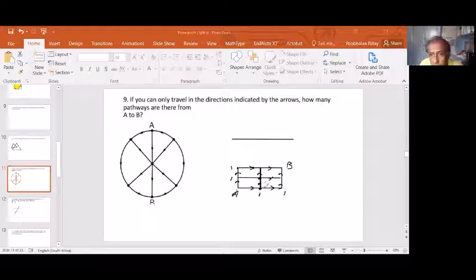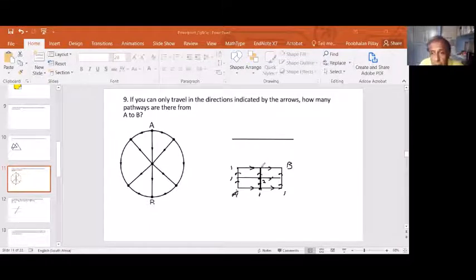These are the only 2 points which lead to this, right? So you can get only one way to this point, so that gives you only one way to this. You have to add them up to get 2. So there are 2 ways to get to this point here.